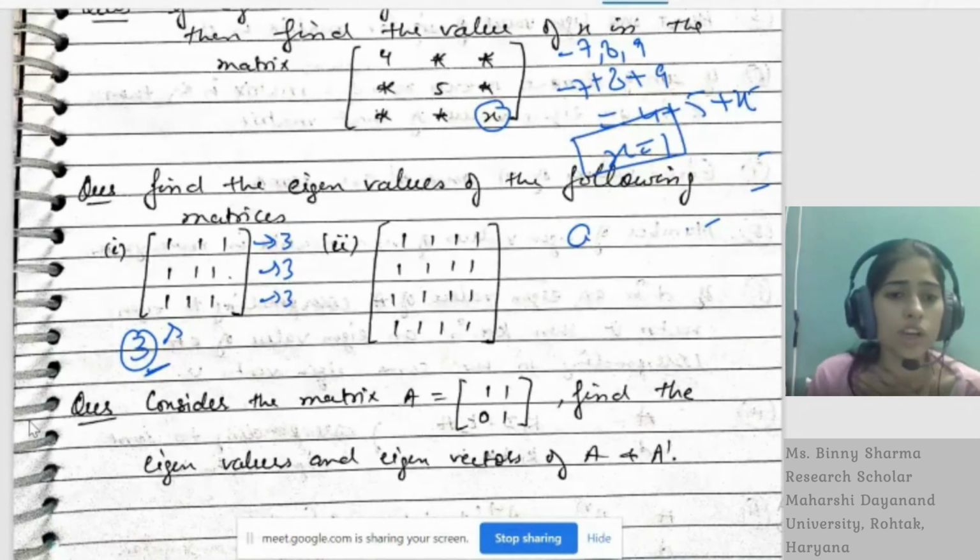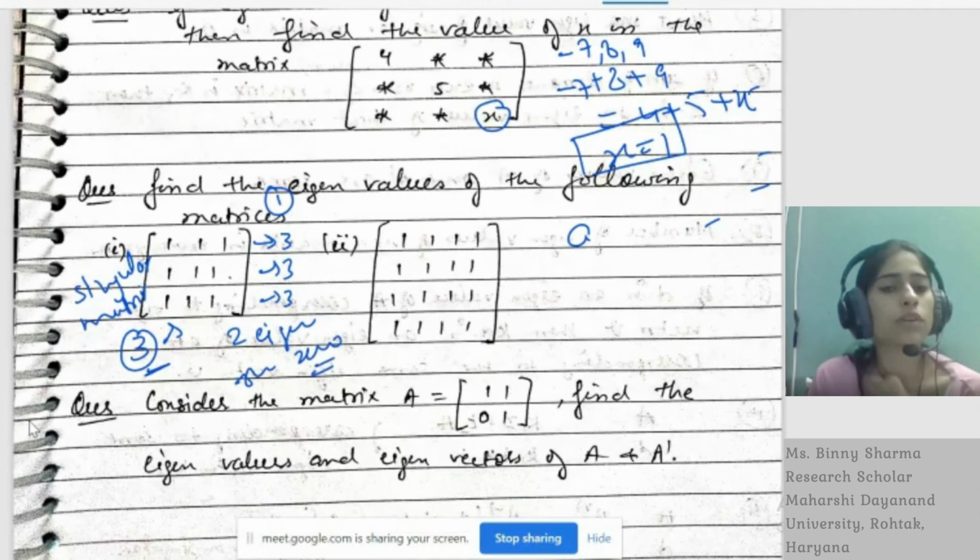Now you can observe this is a singular matrix also, and the rank of this matrix is 1. So at least 2 eigenvalues should be 0.